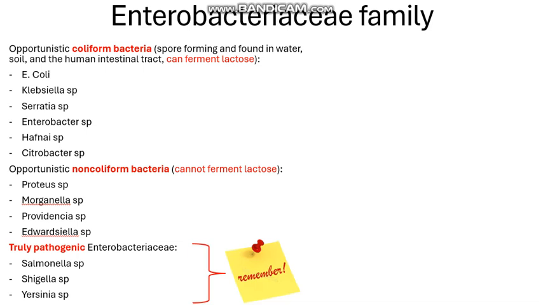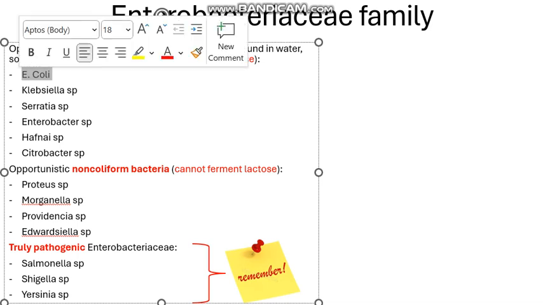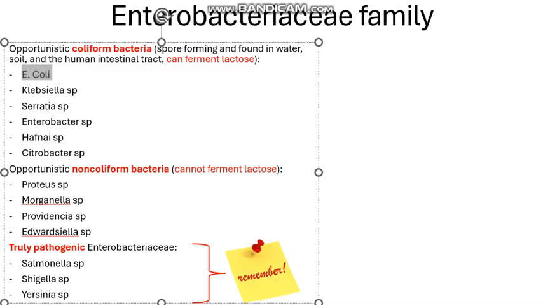So in the family of Enterobacteriaceae, we have a few different types. Opportunistic coliform bacteria, which are typically found in water, soil, and the human intestinal tract. It includes these species shown here. The first one you should be familiar with, Escherichia coli, and we're going to go deeper into it probably in one of the next videos.